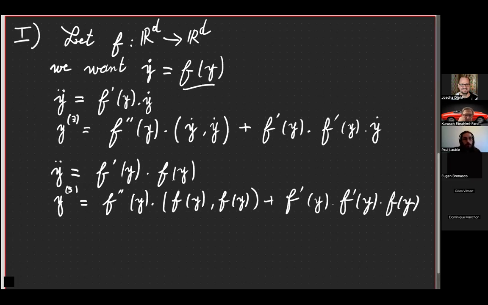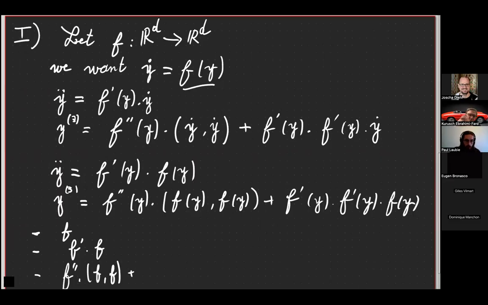This is a bit tedious to write down, so what we can do is forget the y's anyway. The first one becomes f. The second one is f prime f. And the third one is f second on f, f, plus f prime on f prime on f.